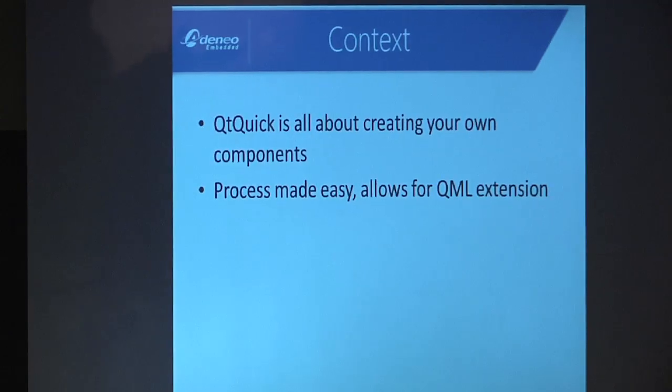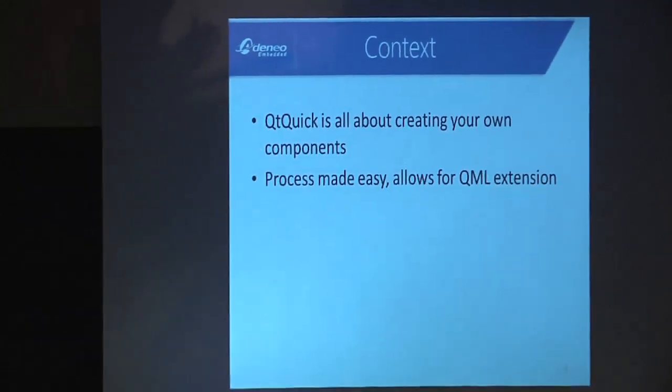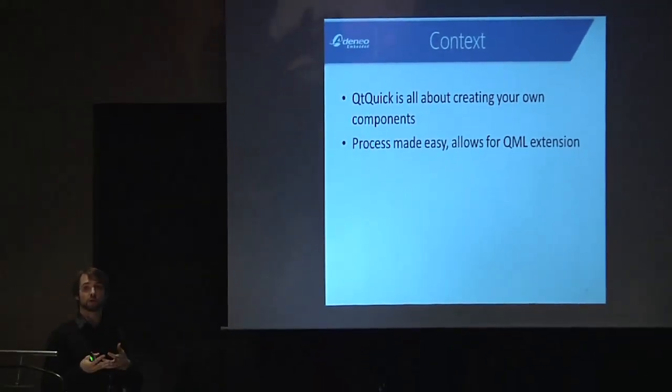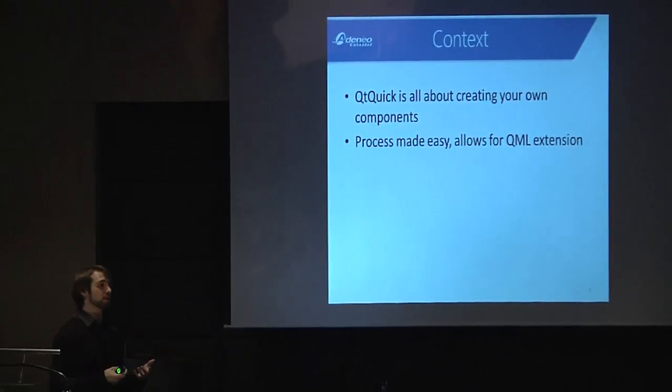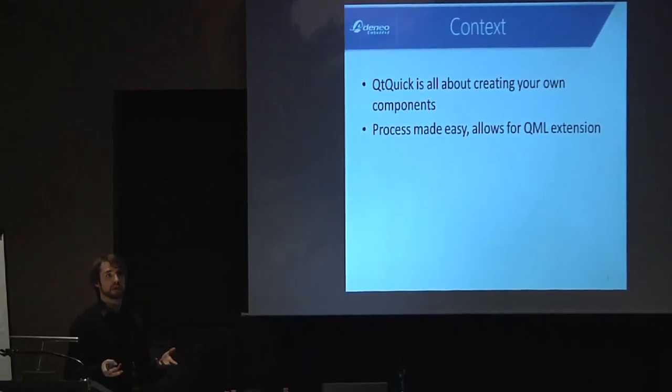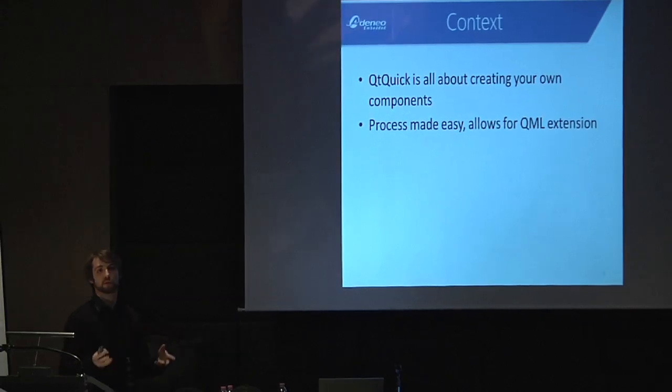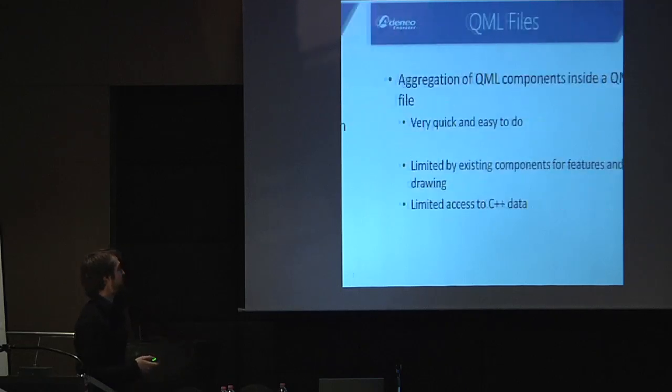In Qt Quick, most of the time you have to create your own object to be shown on the user interface, because you need some special things for refactoring or for views. That's very, very common. And indeed, this process is made very easy by Qt. It's just like creating a file and putting your elements inside, and you have created your component. Much easier than, for example, creating a class in C++.